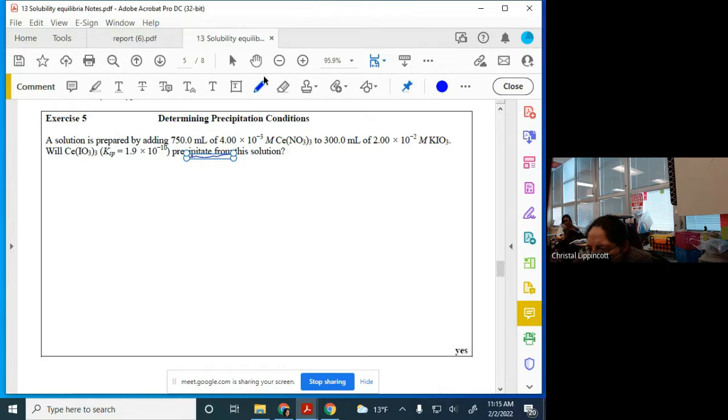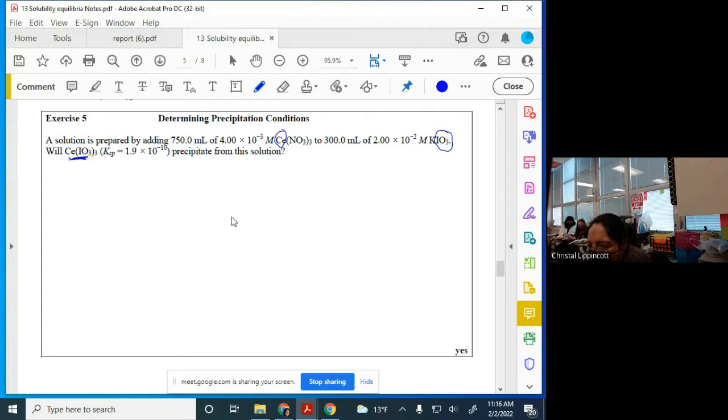We've got two different ions that we're bringing together here. We have our Ce(NO3)3 and then the KIO3. And we're looking at the Ce part of this one and the IO3 part of this one, because this is what we're trying to figure out, if it's going to precipitate or not. Does that make sense?